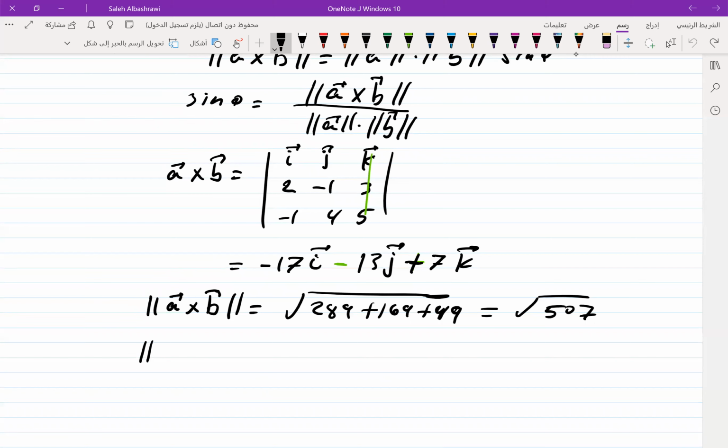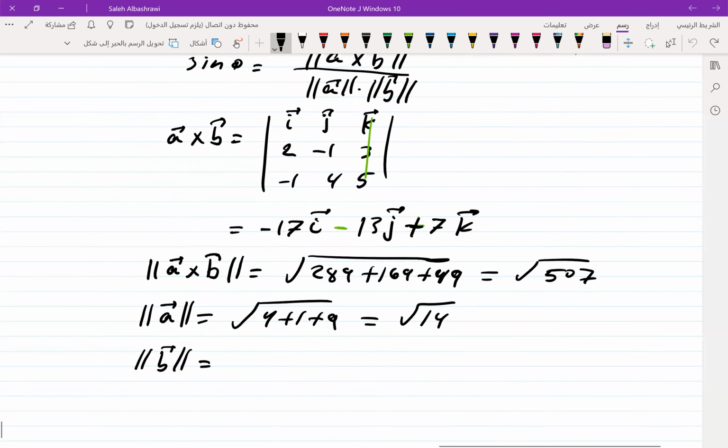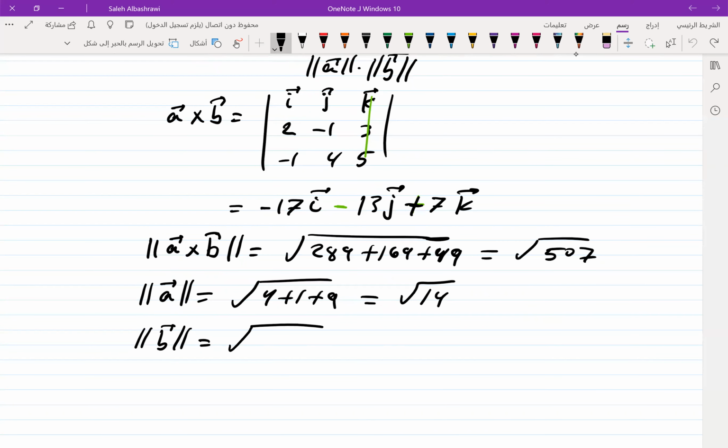Now the magnitude of A is equal to the square root of 4 plus 1 plus 9, that is equal to the square root of 14. Magnitude of B is equal to the square root of 1 plus 16 plus 25, equal to the square root of 42.